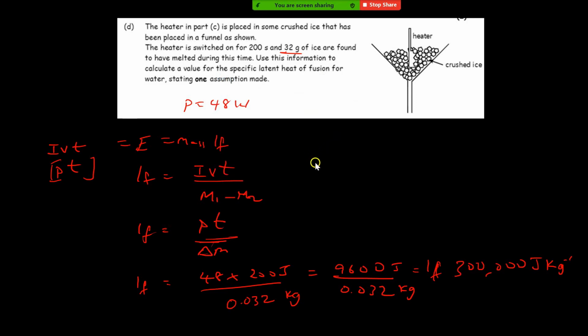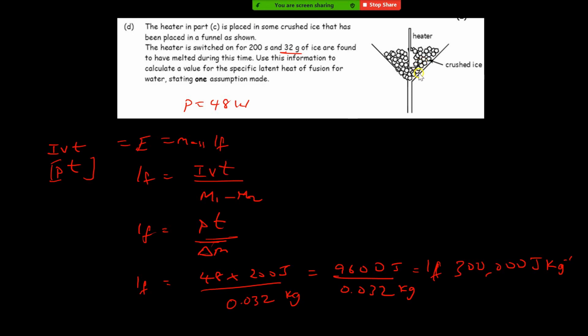All right. So one assumption here is that heat loss to the environment is negligible, indeed. So thank you, Patricia, for that. We could also say that the temperature of the funnel is negligible, or assume that it's at zero, because if the funnel is at a higher temperature, then that is going to add heat to the system.